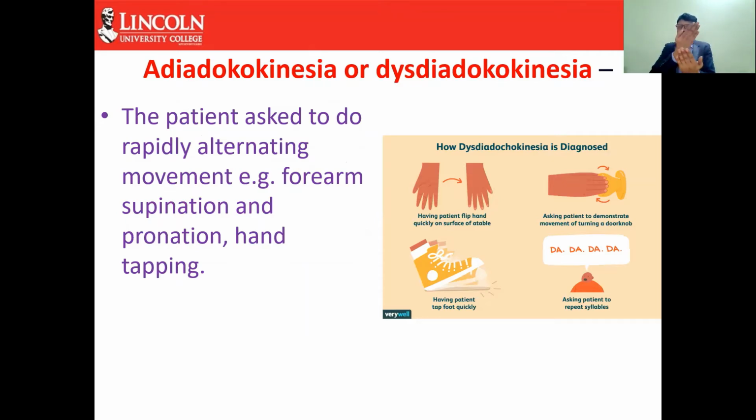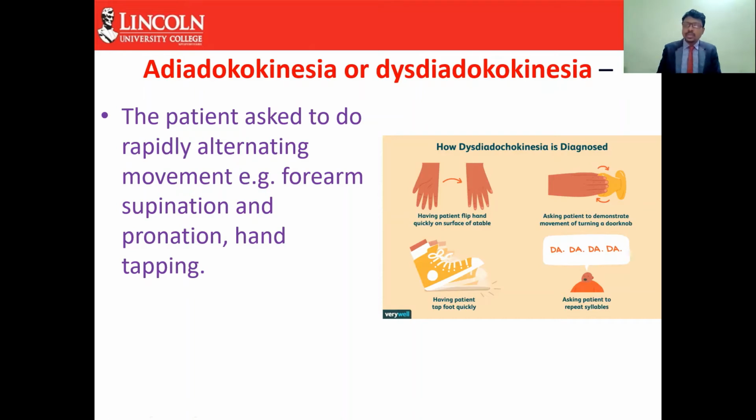If you ask them to do supination and pronation, which is normal in healthy people, patients with cerebellar injury are unable to perform these alternating movements. Or we can ask them to open a door knob, twisting clockwise and anti-clockwise, and they are unable to perform the alternating movements. Also, we can ask them to tap the foot up and down.